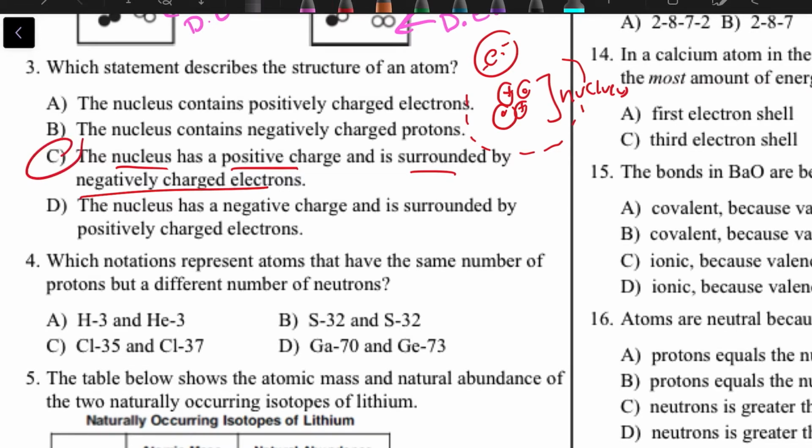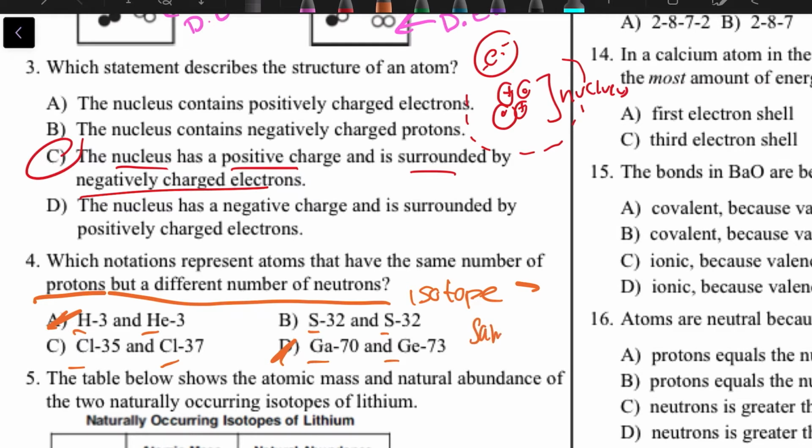Number 4, which notation represents atoms that have the same number of protons but different number of neutrons? That is a definition of an isotope. So you want the same element but a different mass. You want the same element symbols, so right there we can get rid of A and we can get rid of D. Now an isotope is the same element but a different mass, and this number is your mass number.